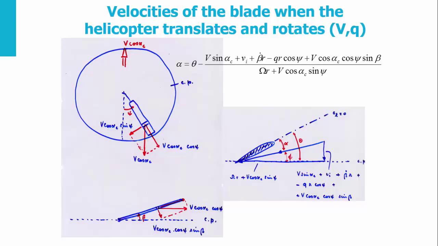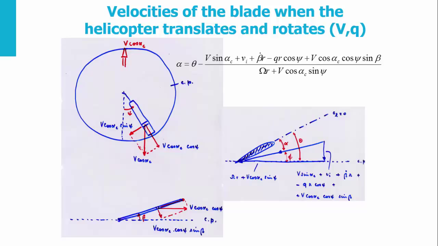These velocities will have their perpendicular and translation components. So the component which is in the plane of the motion is the tip velocity omega r plus v cosine alpha c sine psi. So it is this term.